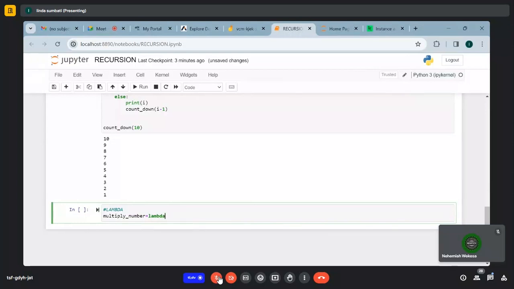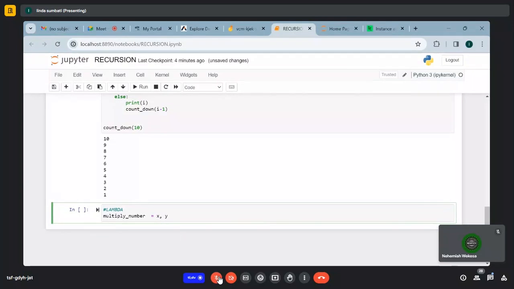So for example, the function defines a lambda function, here maybe our function is called multiply number. Then the lambda function will take the arguments that you want to pass through. So let's say, for example, we want to pass the arguments x, y, right?